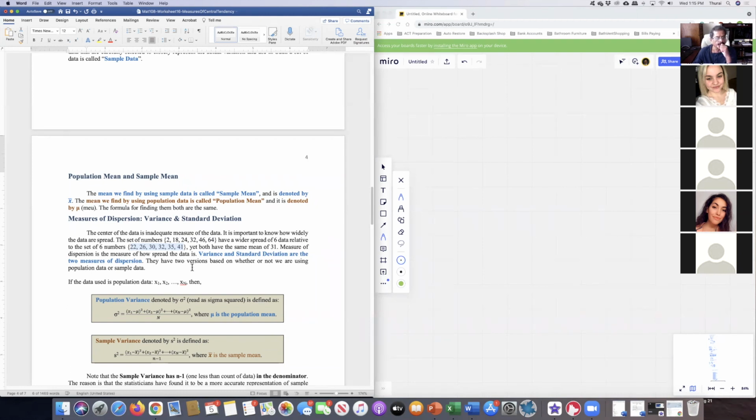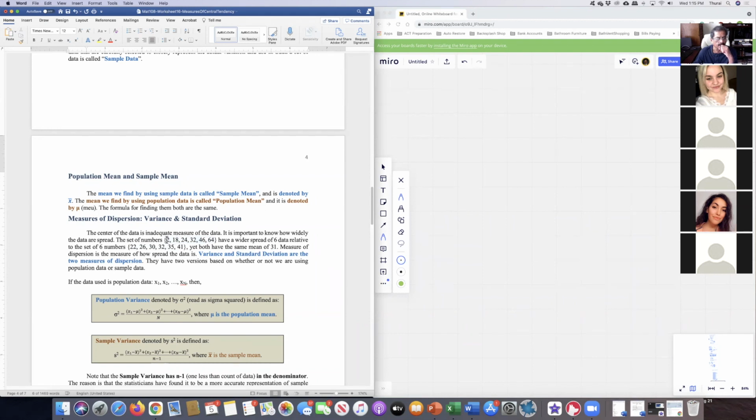They both have the same mean. You can easily find the mean: add them up and divide by the count. The mean is 31 here and the mean is 31 here also. So the middle point seems to be the same for both. At least one middle, the mean. There are 3 middles, we are not comparing the other ones. At least one middle seems to be the same, but the dispersion is different.